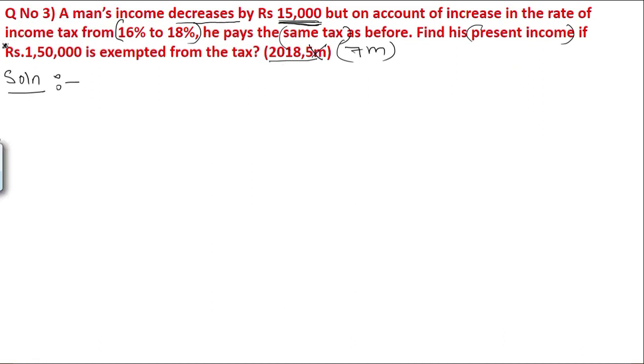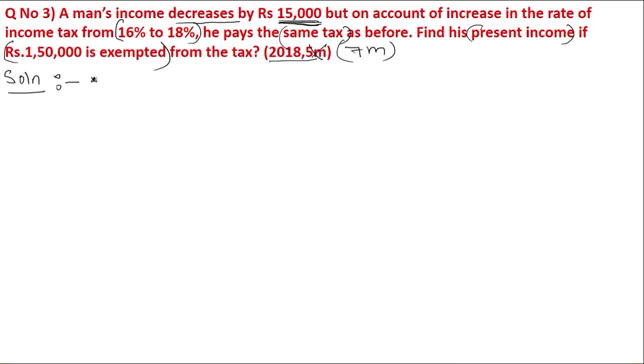If the exemption is 1,50,000, then as we have done in the earlier problem, here also we will do the same.